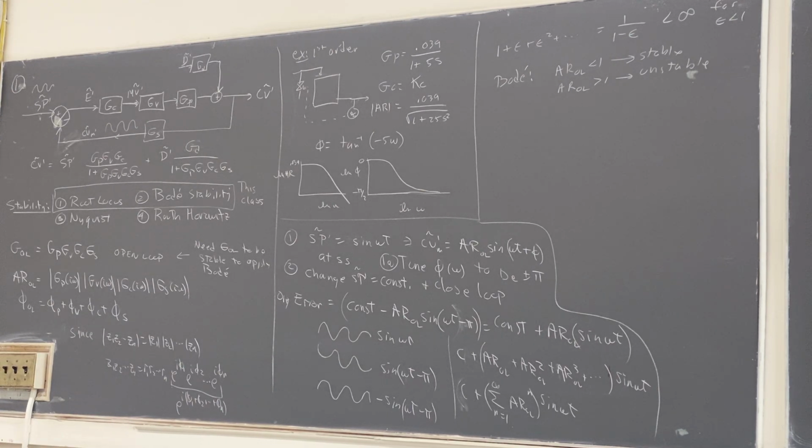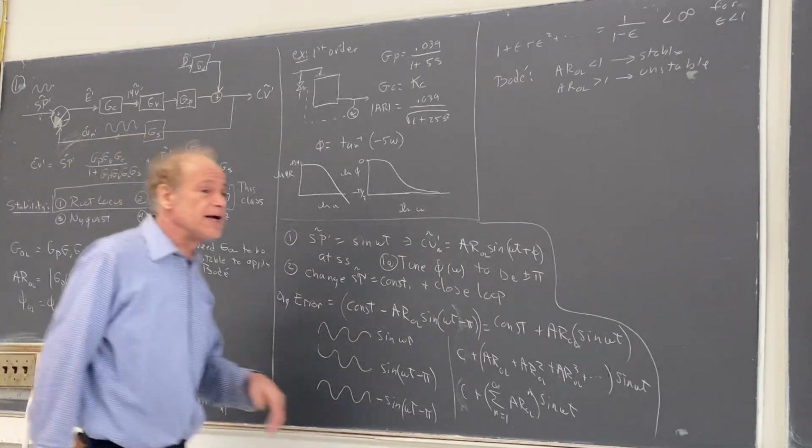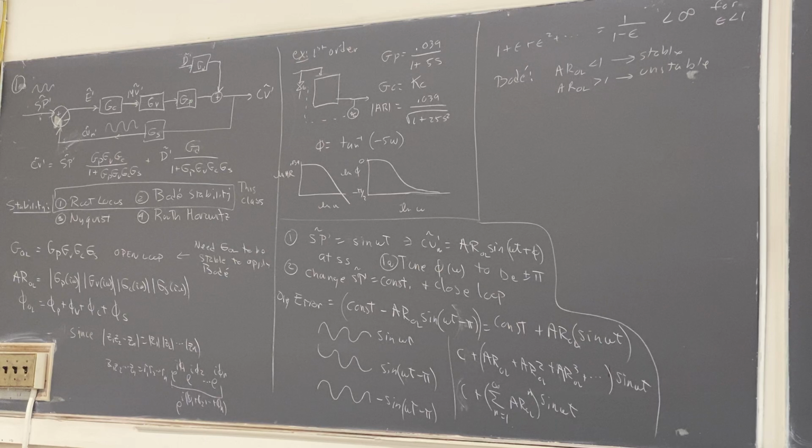I can deal with each of the pieces, which is much easier, and I can put them together. And in fact, in your textbook, which you're supposed to have with you, in table 10.2, they list the transfer function, the amplitude ratio, and the phase angle, the formulas for various standard systems: first order, second order, proportional controller, integral, differential controller, PI, PD, PID, etc. So those are listed there.